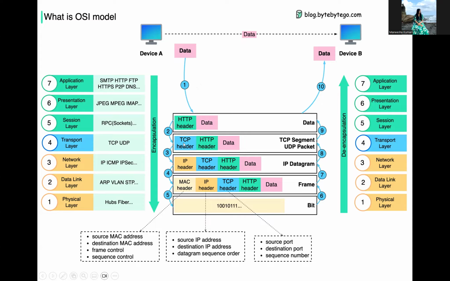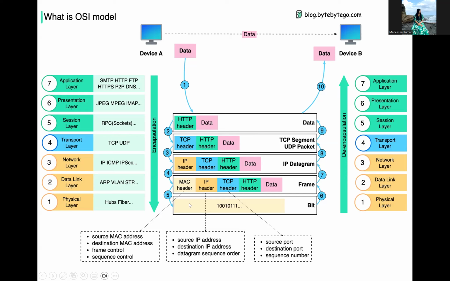If it's using TCP, then the TCP header will be added. If we are using HTTP, then the HTTP header will be added from the application layer itself. Then at the network layer, the IP header will be added, and at the data link layer, the header will be added. So the packet is encapsulated while sending and decapsulated while receiving.